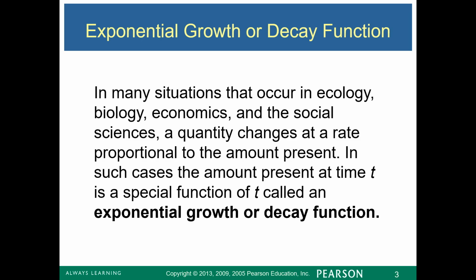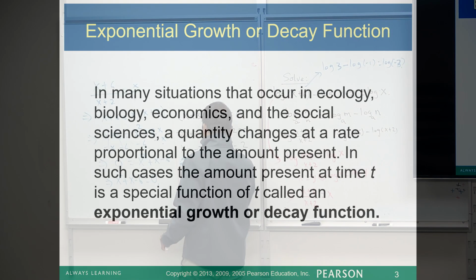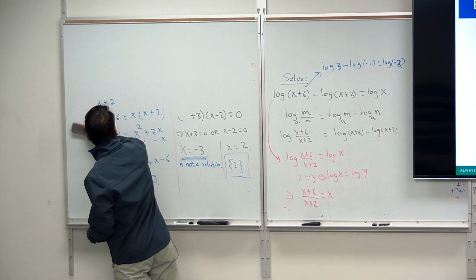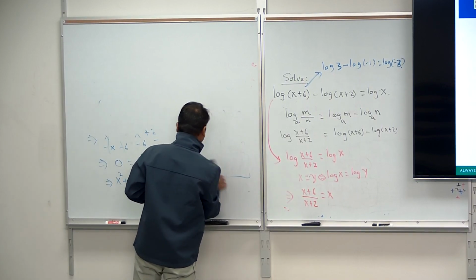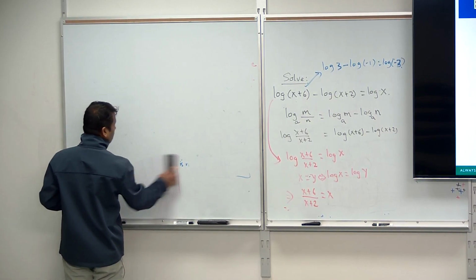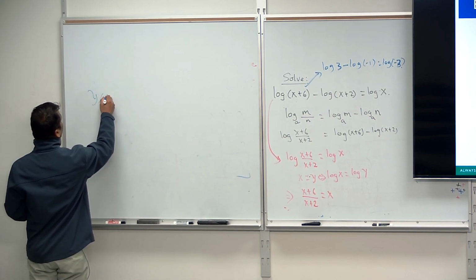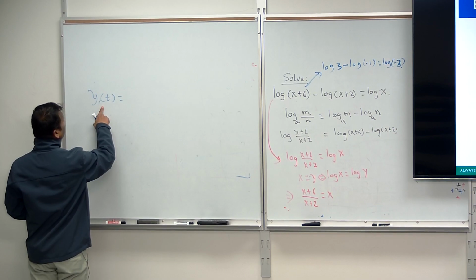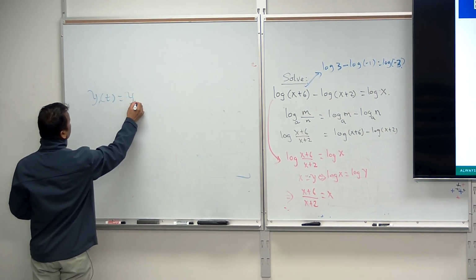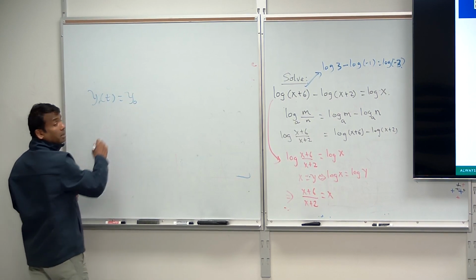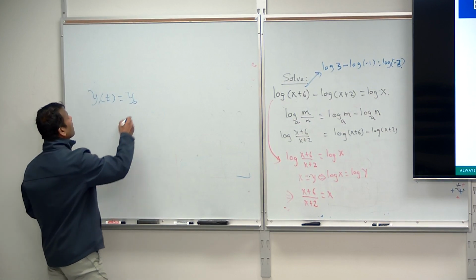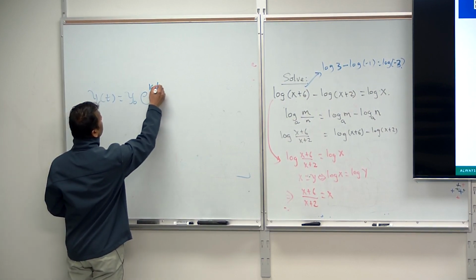So generally we model the amount present at time t. This is y(t), the amount present at time t. This is the initial amount y sub 0, and e to the power kt. So this is the model.